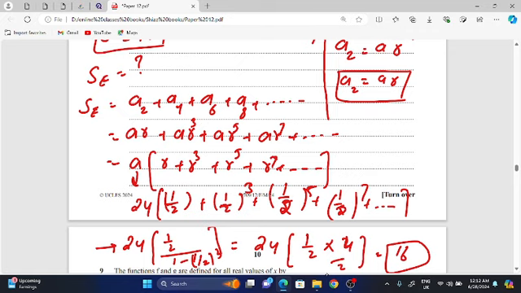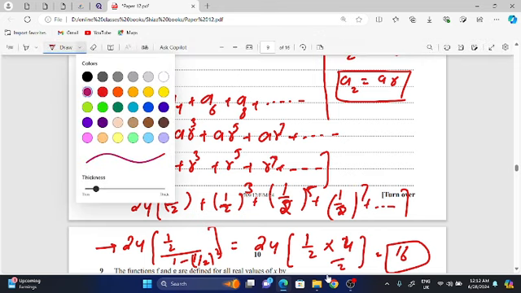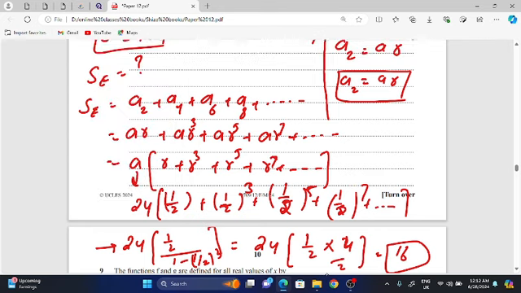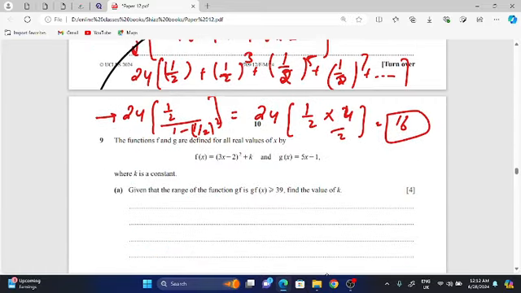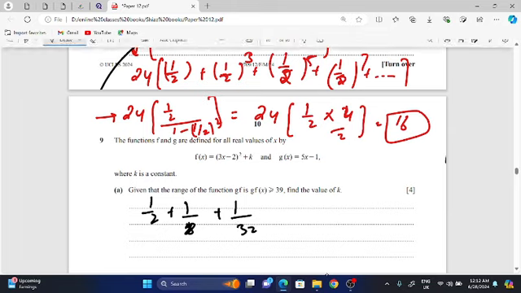I hope it is clear. You might have a problem in finding the R for it, because R is the common ratio. I'm talking about this step, the value of R. The terms are 1/2 plus 1/8 plus 1/32, since 2 raised to the power 5 is 32, and so on.